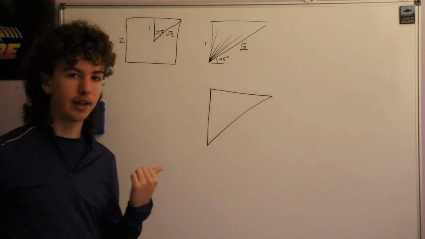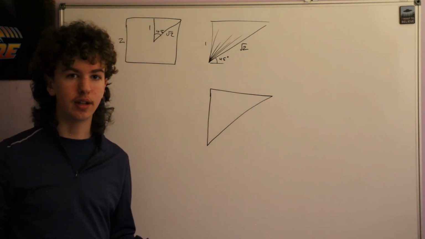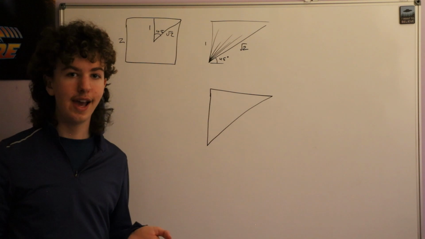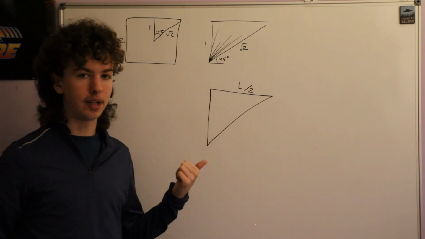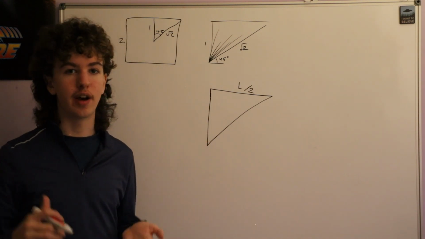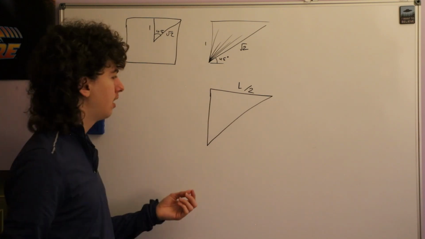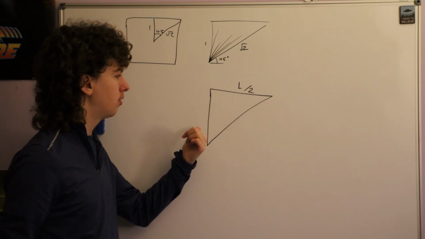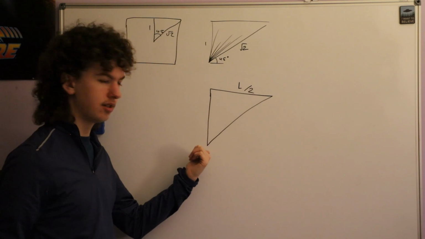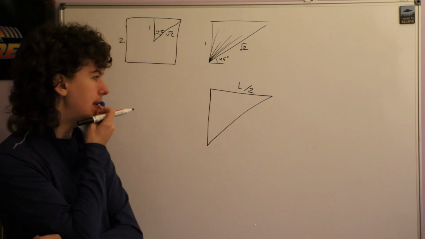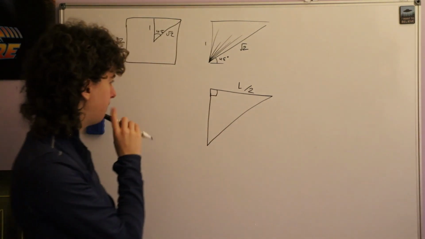Now the shortest length is the perpendicular bisector of our edge. So we know that this top length is going to be the length of our side divided by 2. So what's this and what's this, and well, that's 90.